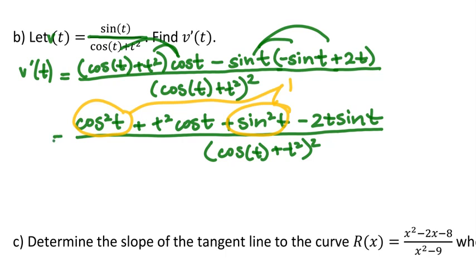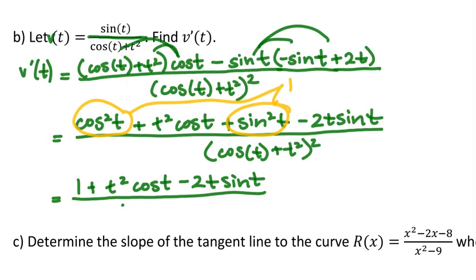So when I'm all done, and I think this probably is as far as I'll get, I have 1 plus t squared cosine t minus 2t sine t all over cosine t plus t squared, squared. Okay, and I don't think I see anything else, so I'm going to stick with my original thought. I think that is my final answer for this one.